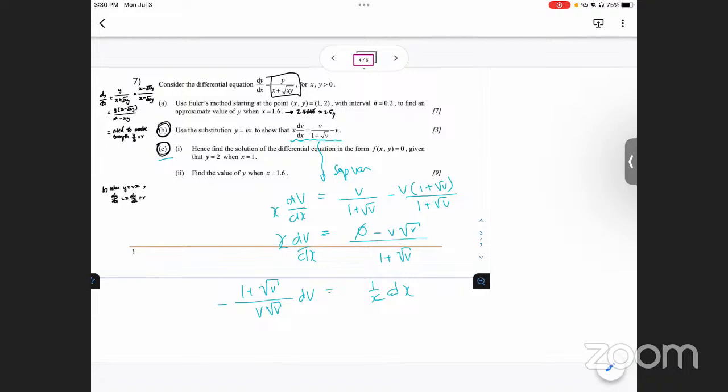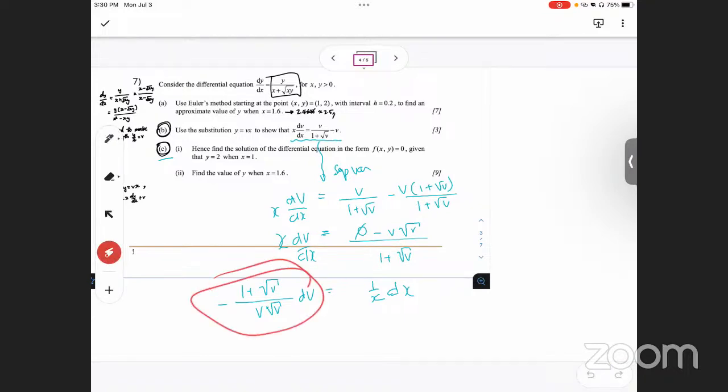Daniel, can you hear me? Sorry. This part, yeah, that part. That part seems to be the one to solve. If you can solve that, then our life is easy. Can you integrate that? Does it look doable?